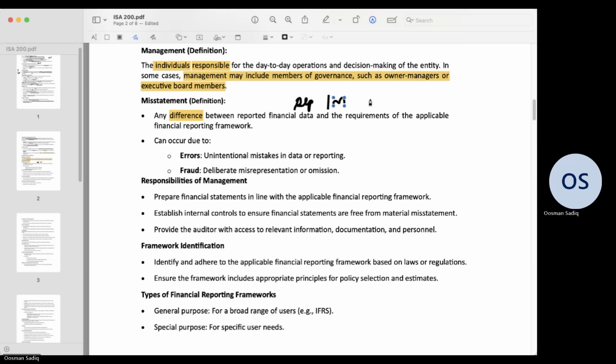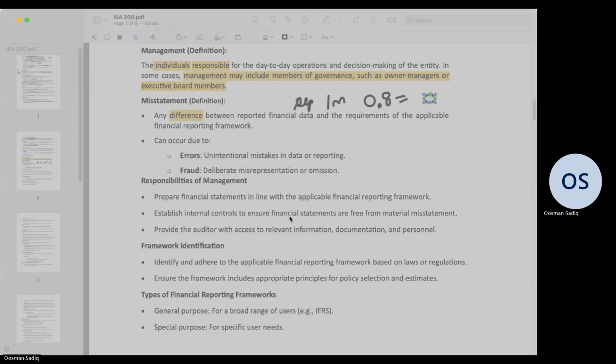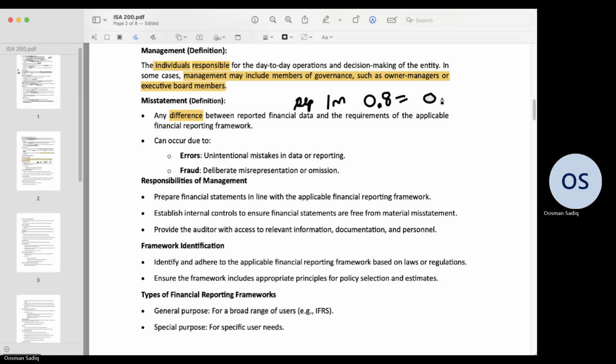You accidentally calculated it as 0.8 million. Okay. So you have a difference of 0.2 million. Now, what does this mean? That this is some sort of an error. Now, this is a misstatement, right?